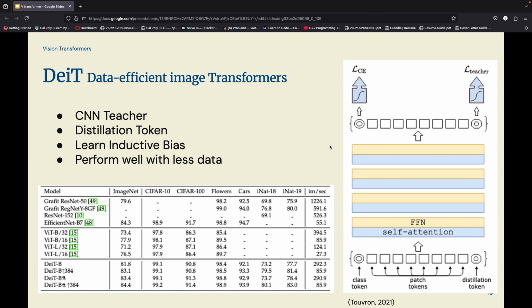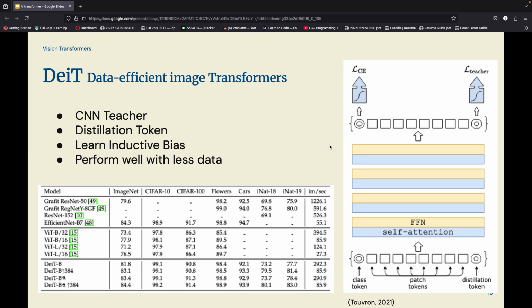So one of the most interesting approaches for this problem was the data efficient image transformers, the DEIT, and this basically introduces the distillation token on top of the class token.